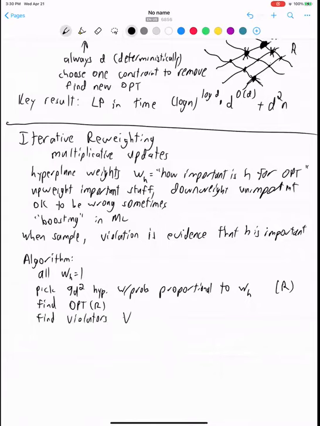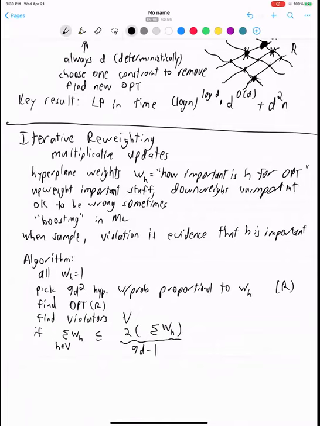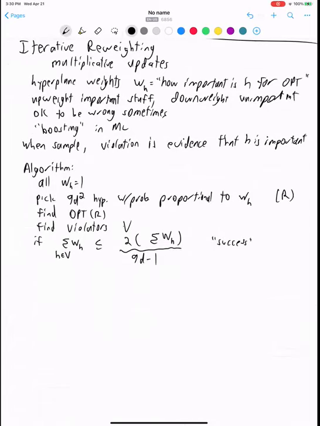V. And now, if the sum of the weights for violating hyperplanes is less than or equal to twice the total weight divided by 9d minus 1, this is what I'm going to call a success. Again, I hope you see the analog to the sampling algorithm. If there's not too much violating weight, we call that a success.